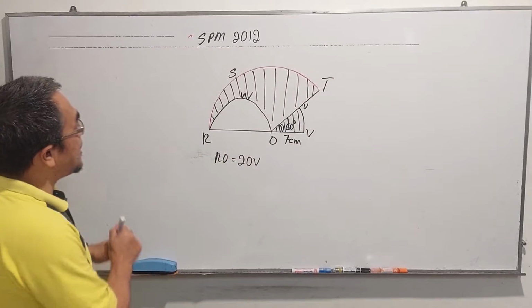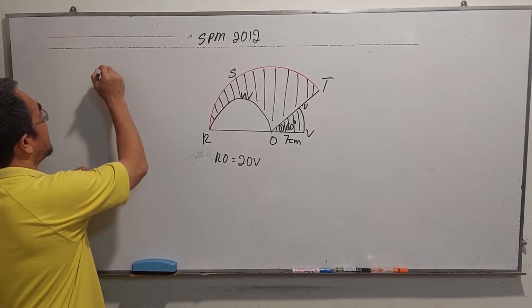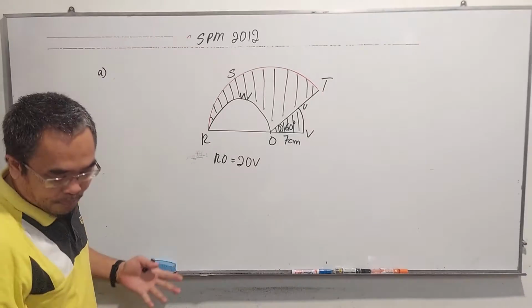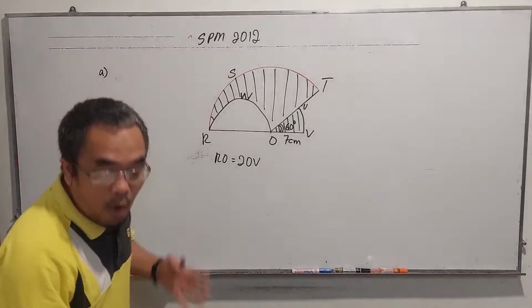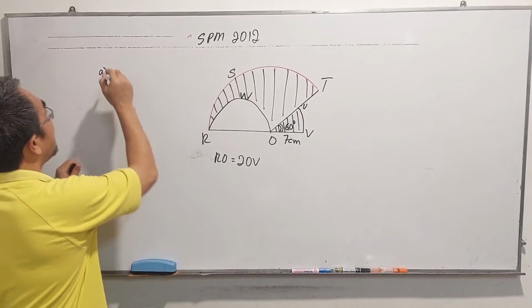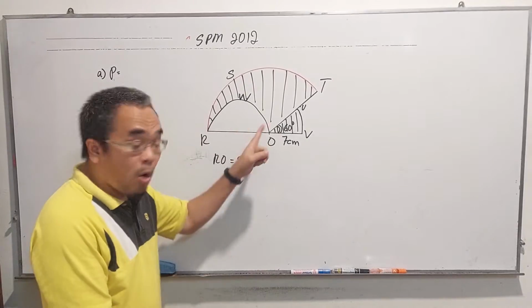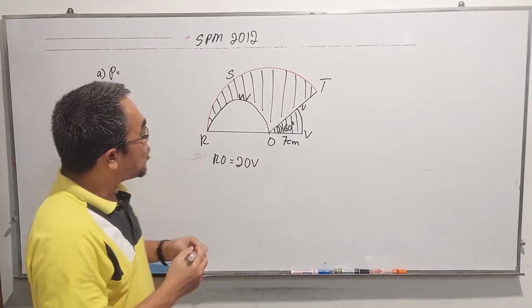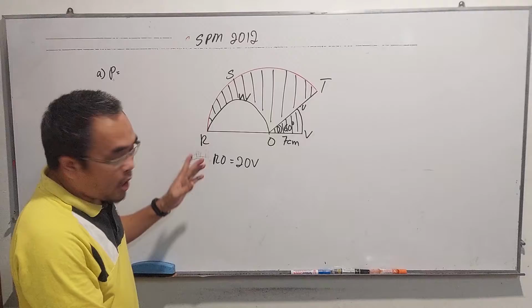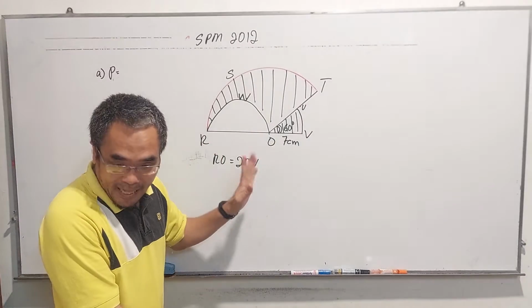Perimeter. So question A will be perimeter. Perimeter of what? Perimeter of the whole diagram. You have to read whether it is the perimeter of the whole diagram or the perimeter of the shaded region. For the perimeter of the whole diagram, you can start with whichever letter.